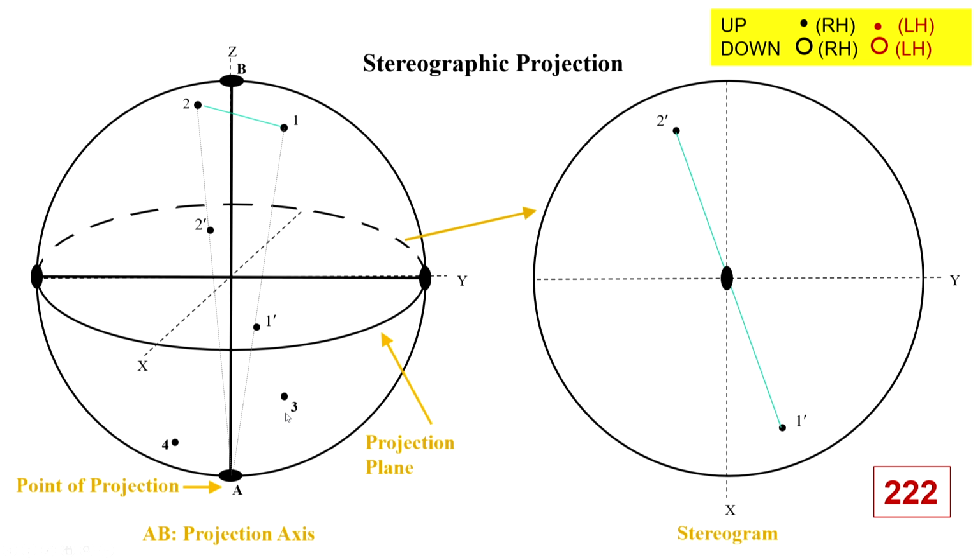These poles will also be projected onto the projection plane, using B as the point of projection.